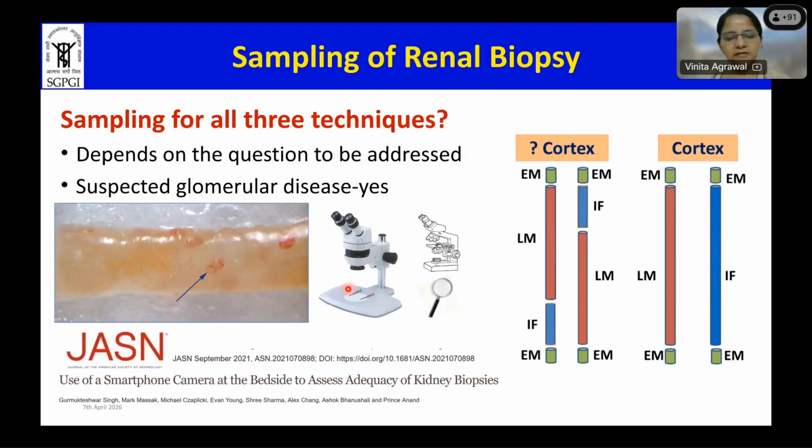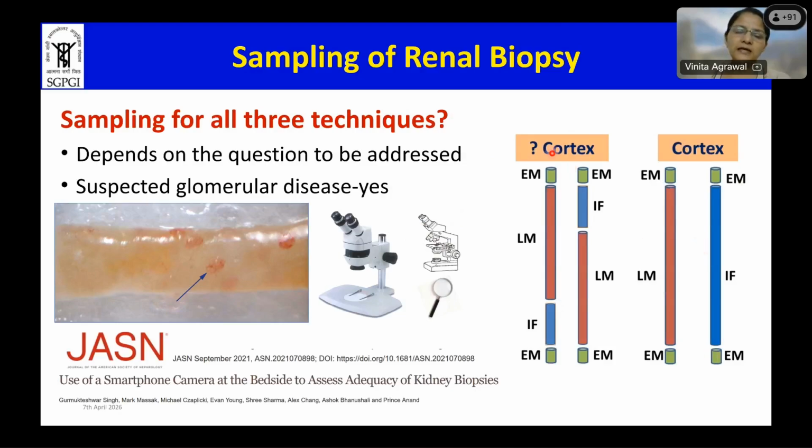However, if you do not have an inverted microscope, the normal microscope with the condenser down also gives you a really good image to look at glomeruli, or you can also use a powerful hand lens. If you know by seeing the biopsy that there is cortex, you can put one core in light microscopy, one core for IF, and the end into EM.